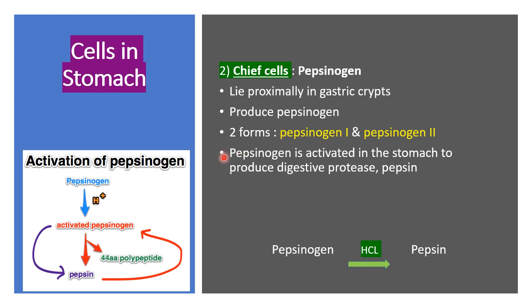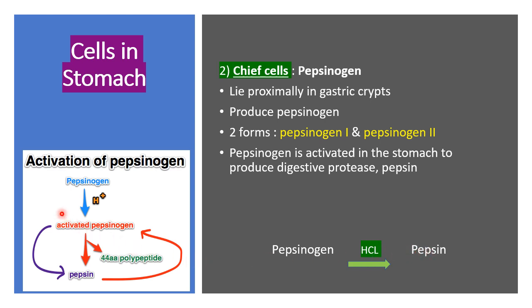Pepsinogen is activated in the stomach to produce the digestive protease called pepsin, which is the active form of the enzyme. So pepsinogen is activated in the stomach by acidic pH, with the presence of hydrochloric acid, to active pepsin.